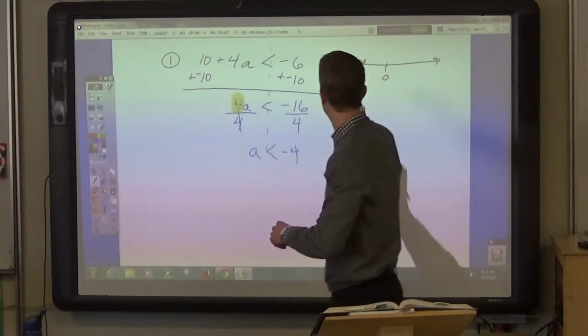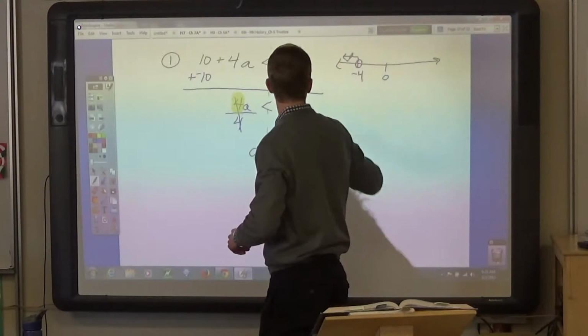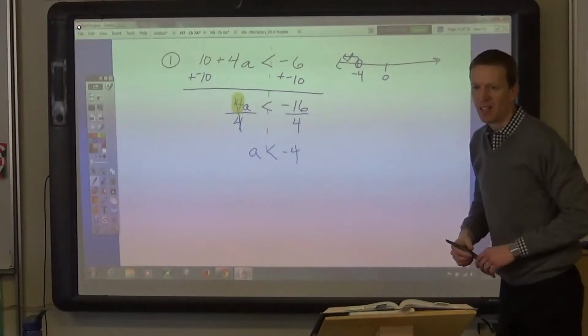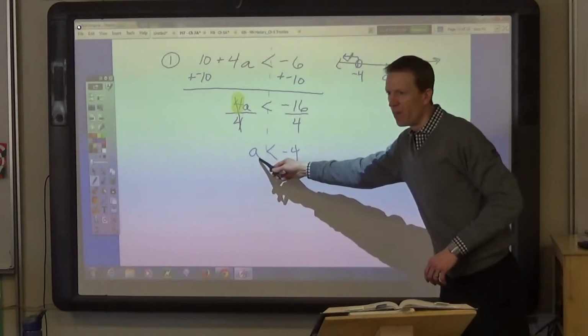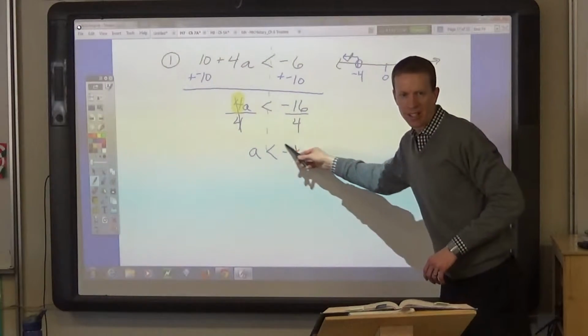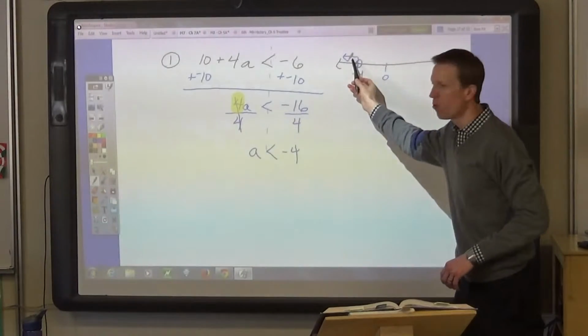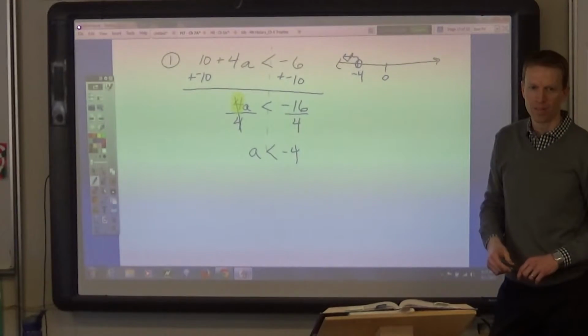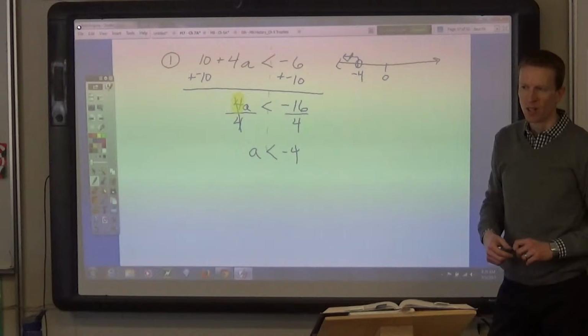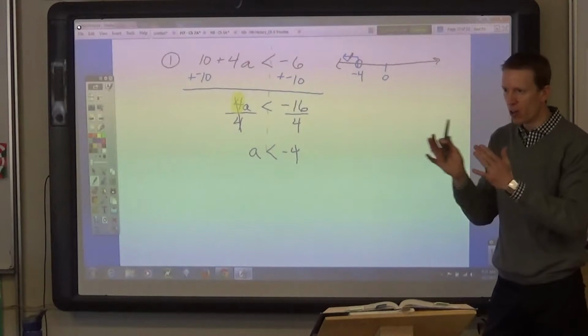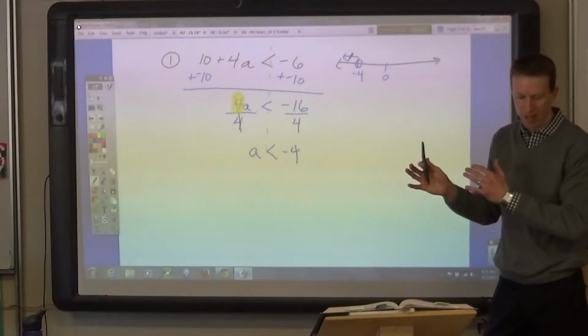To the left, yep. Now notice that when the variable is written first in our solution, the arrow points the same way as the symbol. Okay?